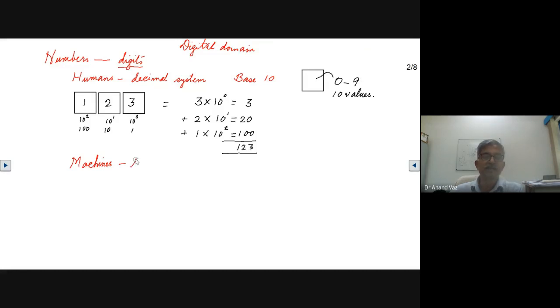It's called the binary system. And perhaps there is wisdom in this choice. It's easy to implement for machines. But the base here is 2.